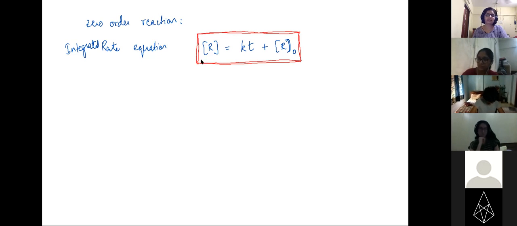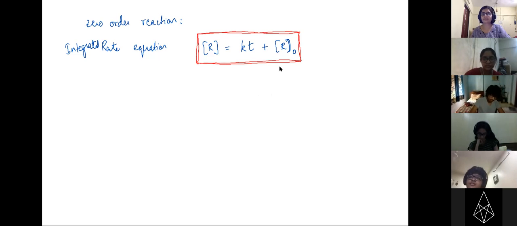We'll get into analysis of this equation, what it means and how it can be used. Yes, I'm done writing. Okay. Everyone? Yes, no. Okay.